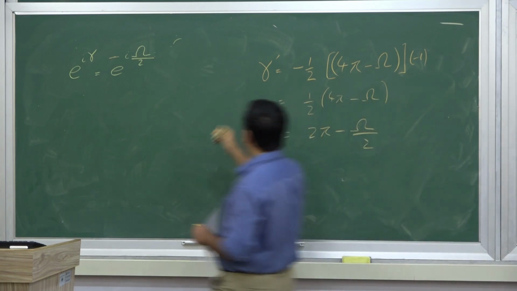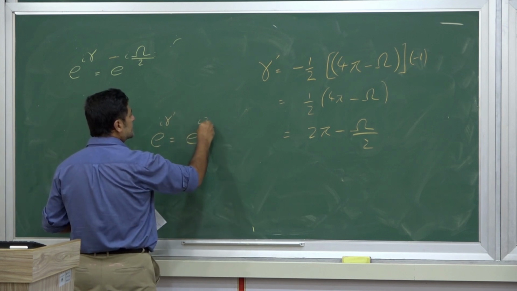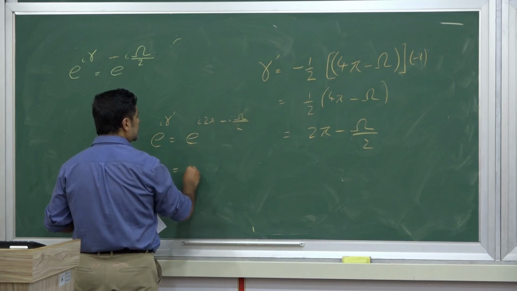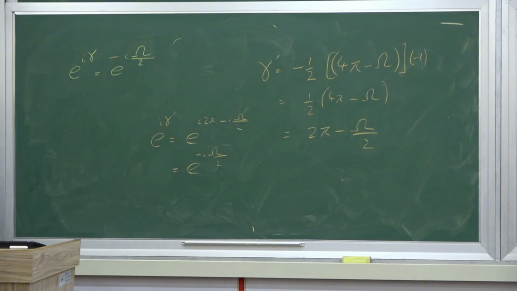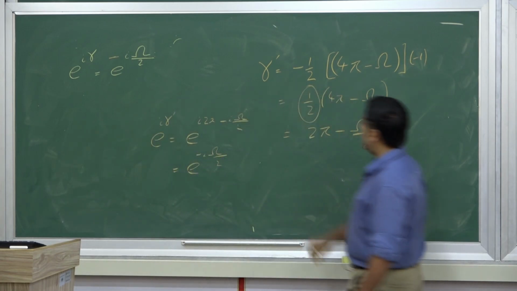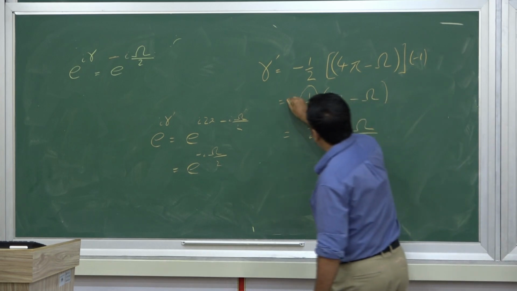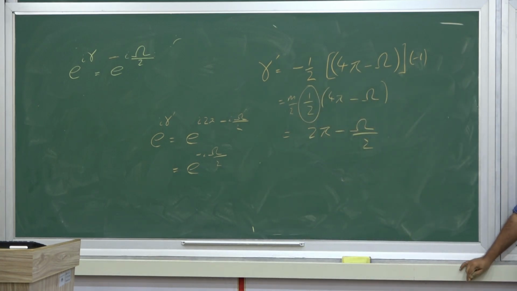So if I exponentiate this to get my Berry phase, this doesn't matter. I get the same answer. And I got the same answer exactly because I had the magnetic charge half. If it was anything else other than m by 2, if it were any multiple of half, then things will work out.